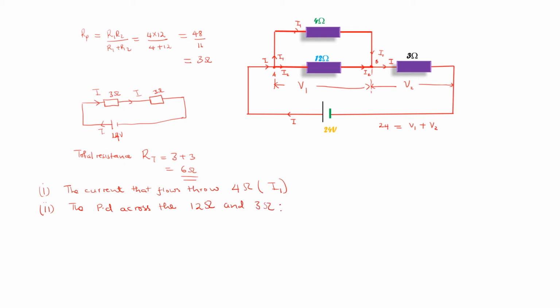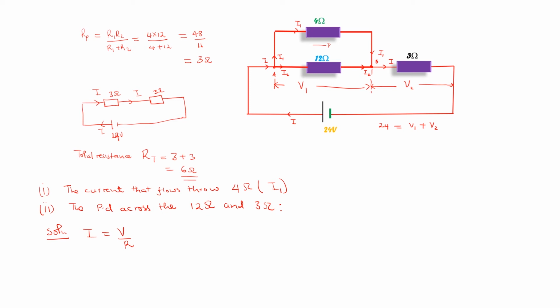What you have to do there, in Roman number 1, they want us to calculate the current that flows through the 4 ohm resistor here. That means that from Ohm's law, current will be equal to V divided by R. We know the resistance, but we don't know the PD. So the first job is to find the PD across the 4 ohm resistor.